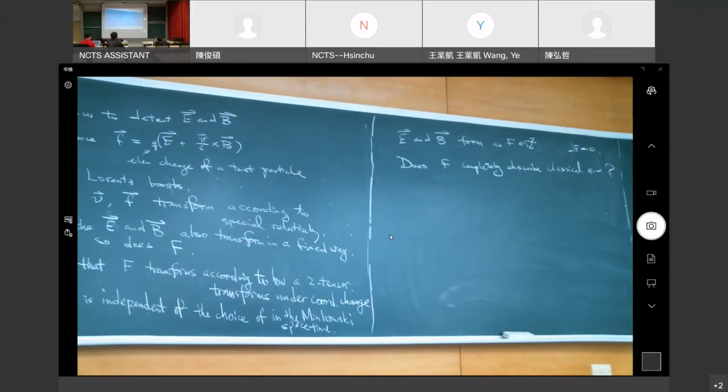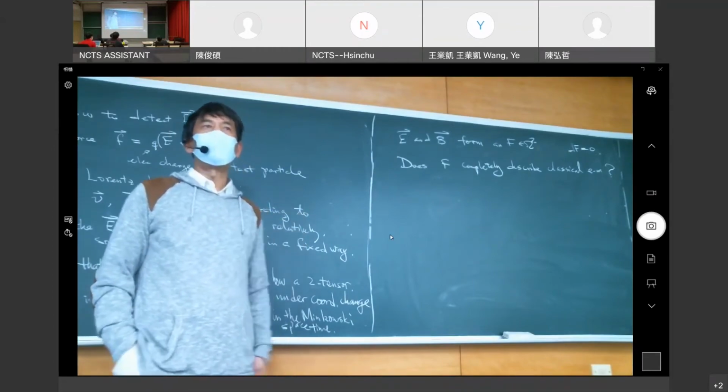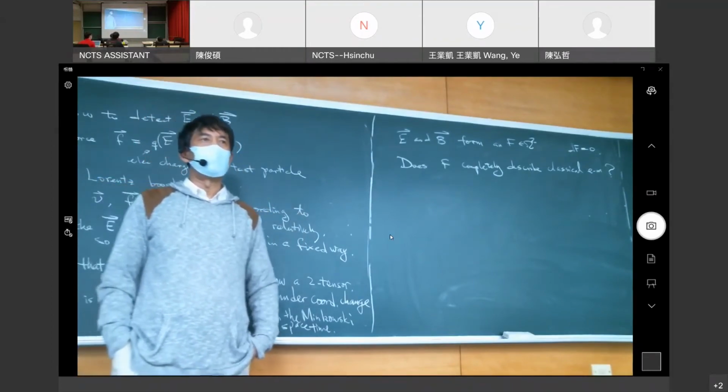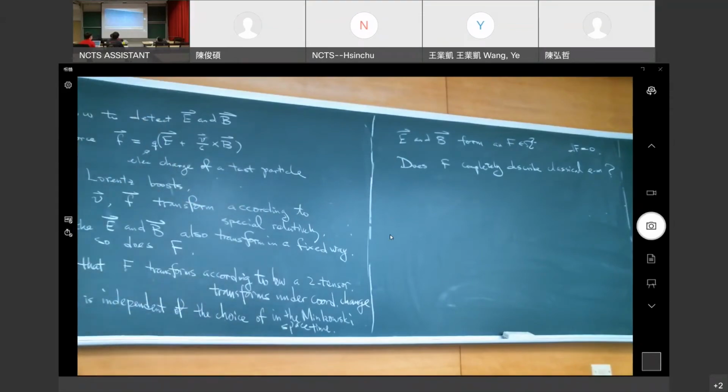Now, it is wonderful if, let's say, our electric and magnetic field not only define a two-form on our space-time, but that two-form is actually the curvature of a line bundle. Right? Then half of Maxwell's equations is automatic, because F is the curvature of a line bundle.